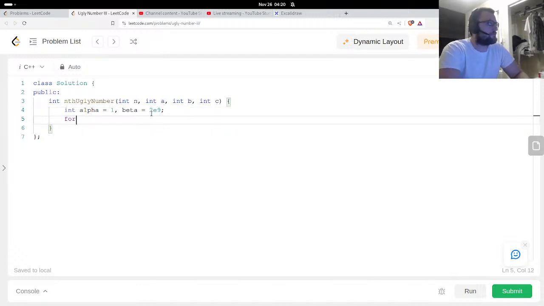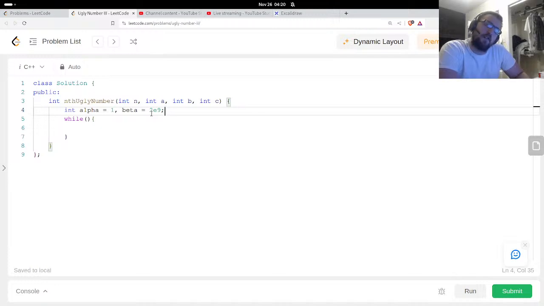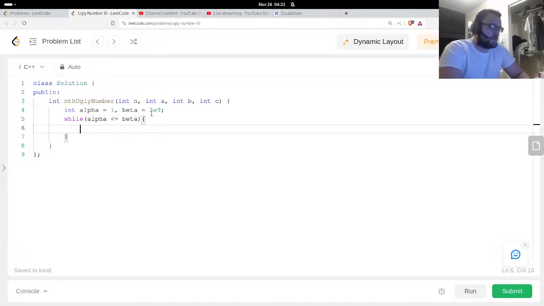While loop, and we'll say best. Actually, best is not quite what we want. Yeah, if it's equal, alpha is less than beta. Come back to this in a moment, which should be less than or equal or whatever it is.